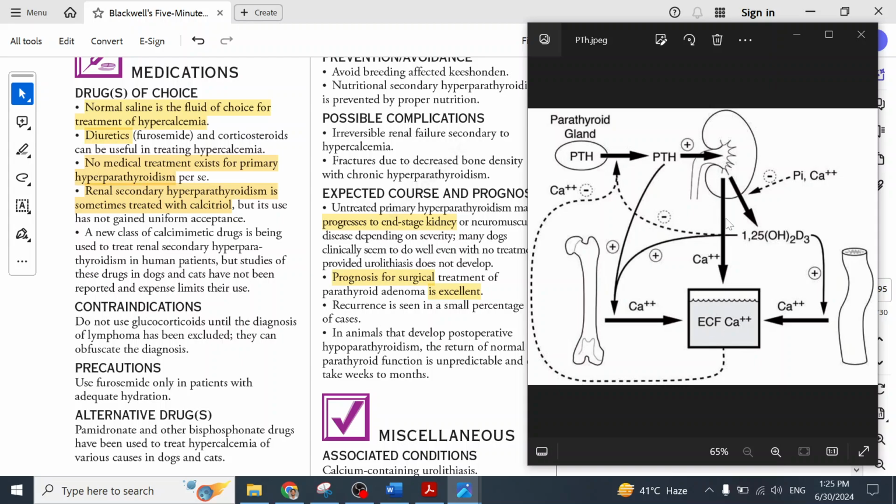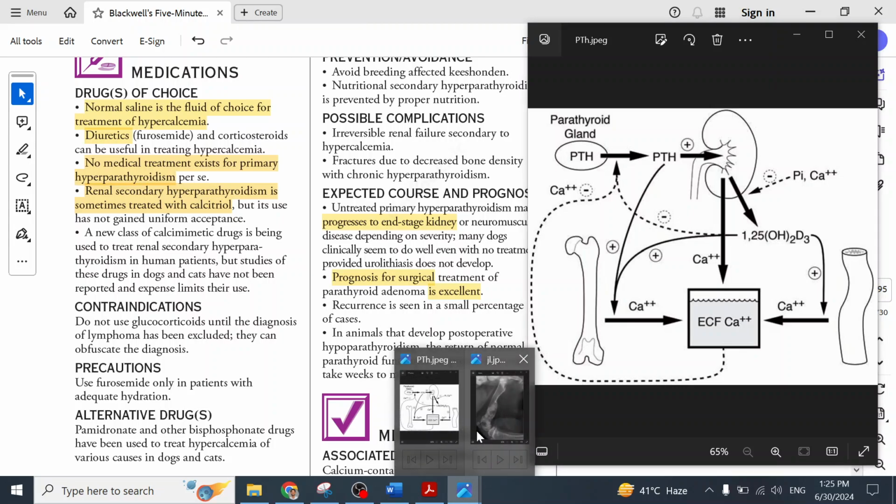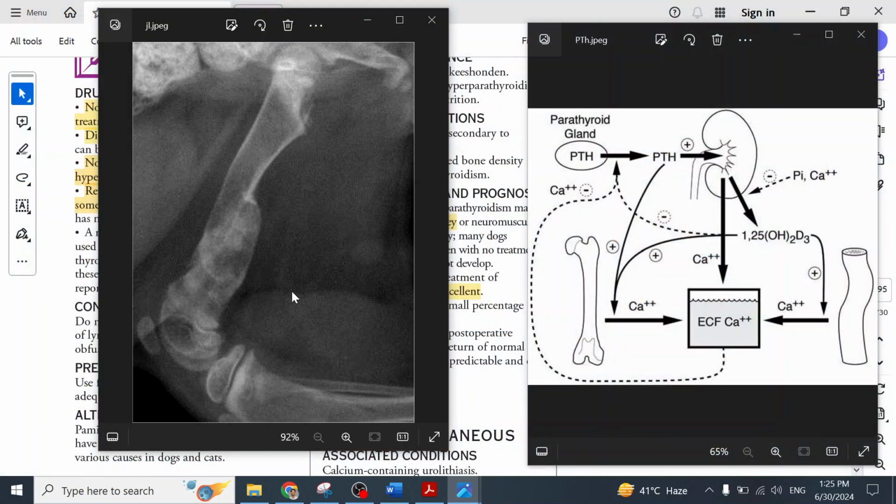It also absorbs calcium directly from the GIT into the ECF. This is the normal pathophysiology of the parathyroid, and here you see abnormality in the bones due to the high level of parathyroid hormone, affecting bone density. So this is primary hyperparathyroidism.